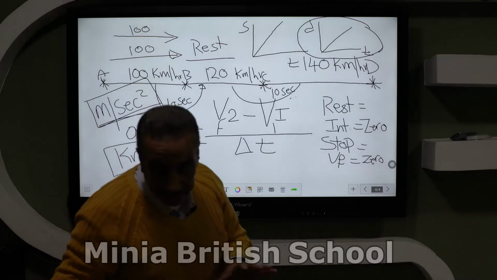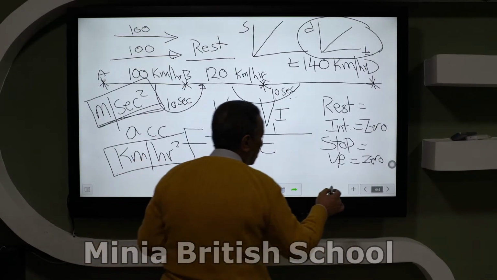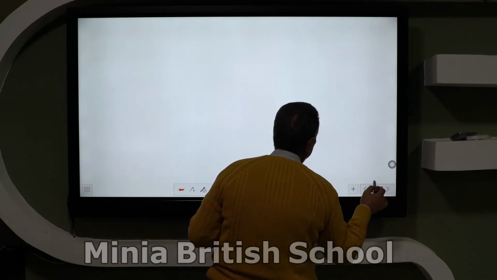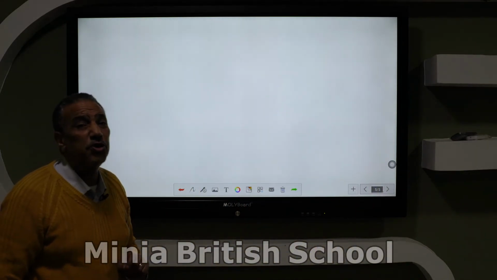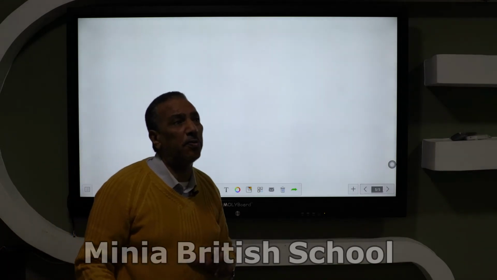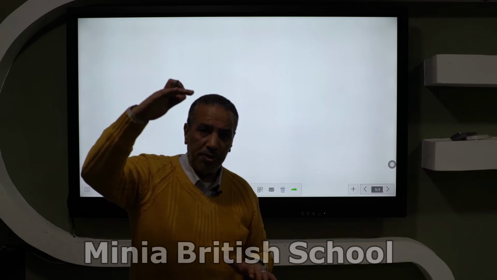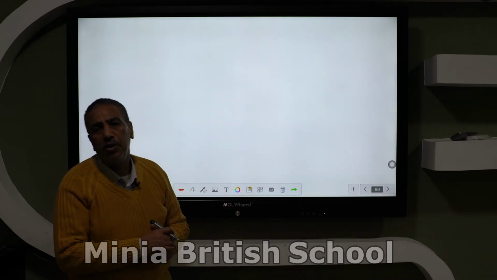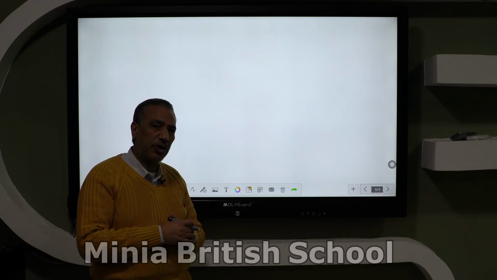Just take care if there is a deceleration. Deceleration means that the speed of the body is slowing down: 100, 80, 60, and so on. Speeding down means deceleration or negative acceleration.